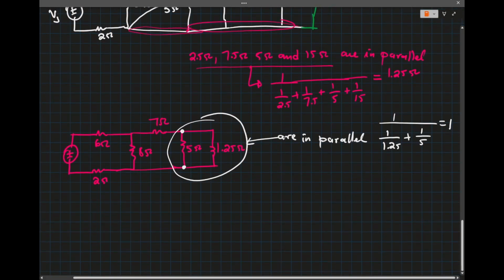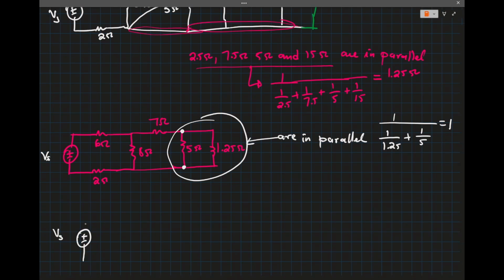So then we have 6 ohms, 2 ohms, we have 8 ohms, we have 7 ohms, and we have 1 ohm.